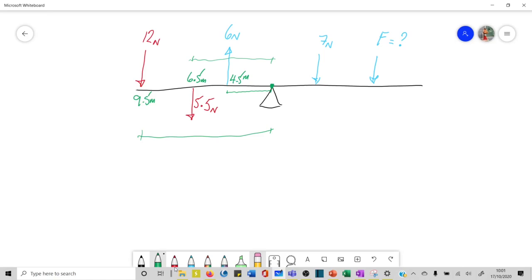And then 7 newtons up, so we're at 7 here, which is 3.5 meters from the point of rotation. And finally we've got the last one there, with a distance of 8 meters. Okay, I'll give you a few moments to work that out, and then I'll show you the answer.